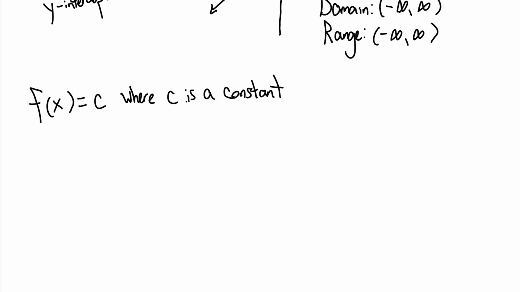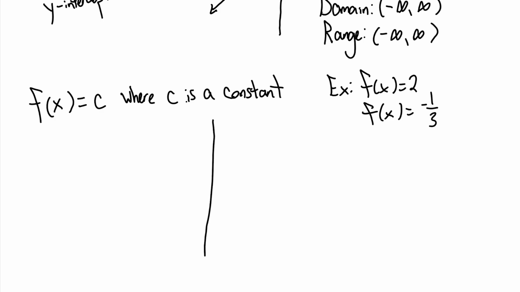So x is still defined as a variable because we're calling the function f of x, but x is nowhere on the right side of the equation. So c is just going to be a number. For example, this could be f of x equals 2 or f of x equals negative 1/3. It doesn't matter. It's just a number and there's no variable to be found here.